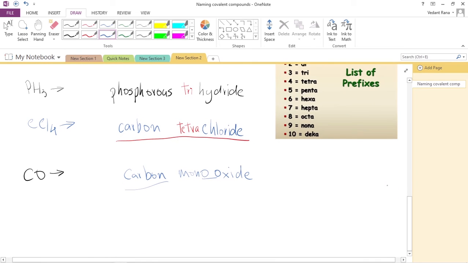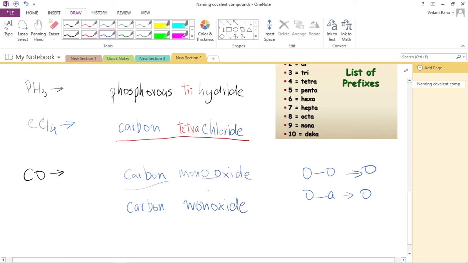Now we can see that we have two O's right here. And sometimes it gets pretty awkward to pronounce these chemical names. So when we have two O's, or we have one O and one A, then these turn into a single O. Yeah, both turn into a single O. So carbon monoxide becomes carbon monoxide.